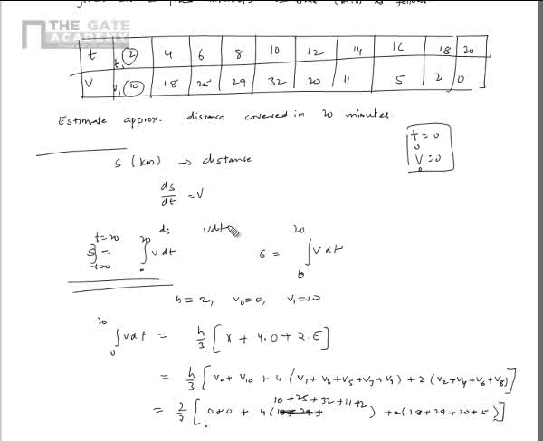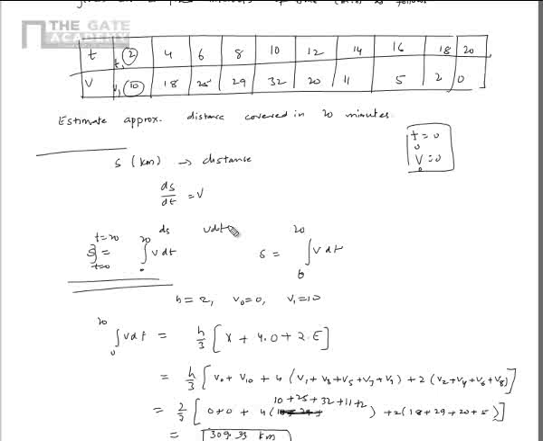If we evaluate this, it comes out to be roughly 309.33 kilometers. This is the distance it travels. Here you don't know whether the velocity is increasing or decreasing in between.